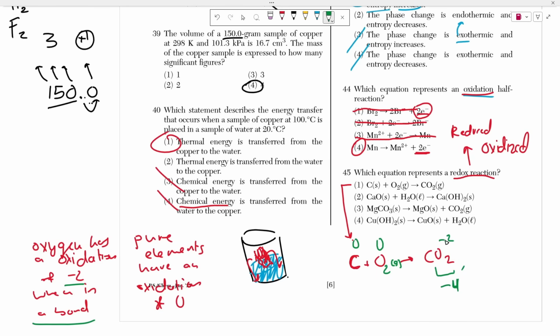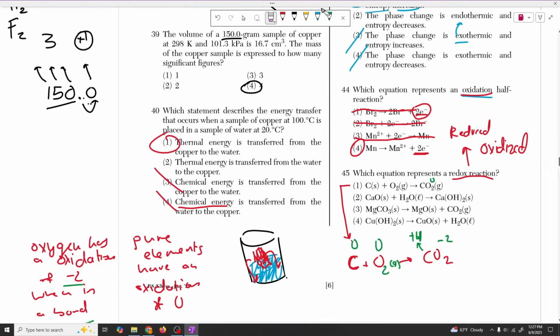Because each oxygen has a state of -2, and there's 2 of them. But this CO2 has no charge. So how can I balance out a charge of -4? Well, this carbon can actually have a charge of +4. All right, so now let's look at what's happening here now that we've assigned these oxidation states. Remember that the sum of the oxidation states is equal to the overall charge on the molecule. So because CO2 isn't charged, we know that the carbon has to have a charge of +4 to counteract this -2 times 2. So let's see what happens here, okay?